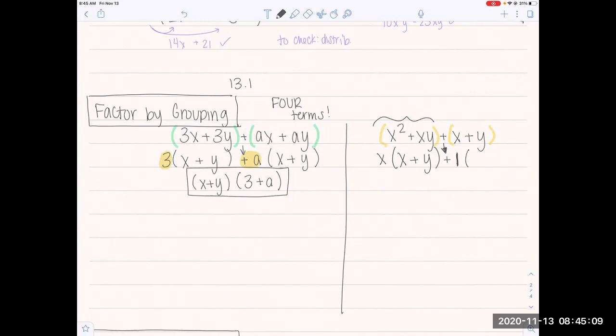And then of course, divide out 1 means that you're not changing anything. Write down what's being repeated, x plus y, and then write down the leftover x plus 1.